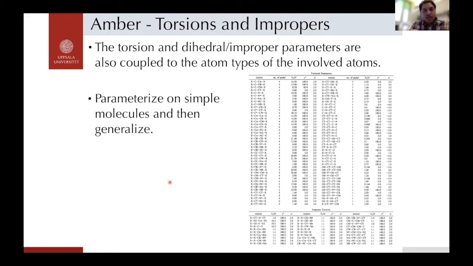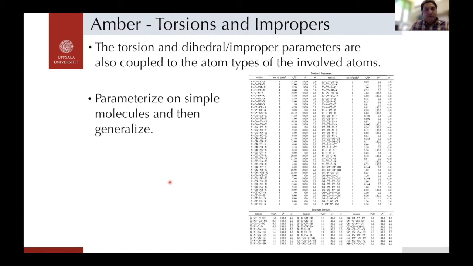The stiffness and the limit of the angle variations can be defined in these topology files. As I said, slightly different parameterization can happen in different force fields because they are derived from different points of view.